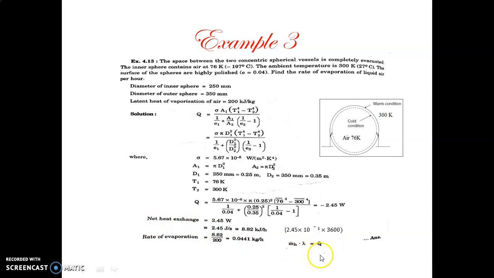If we take lambda to the other side, it divides Q, so Q divided by lambda gives m dot h, the rate of evaporation. Putting in all these values, Q is 8.82, divided by 200, the value of lambda, we get the answer 0.0441 kilograms per hour.